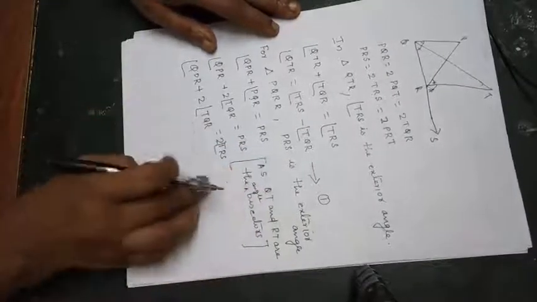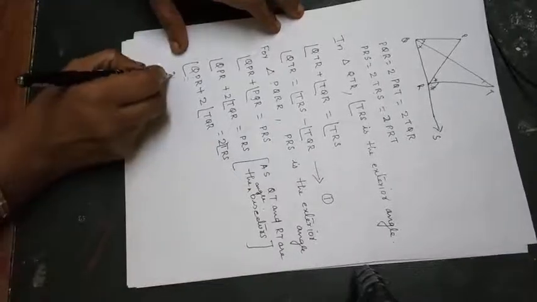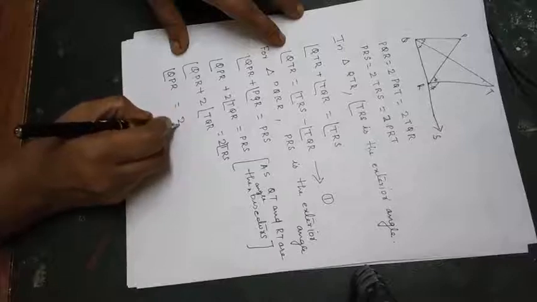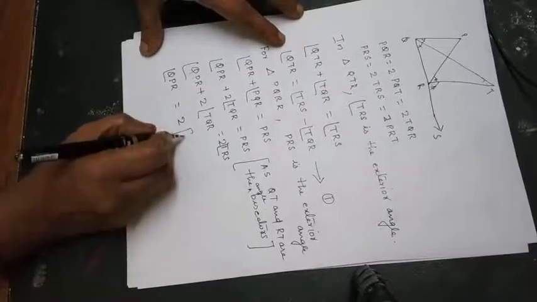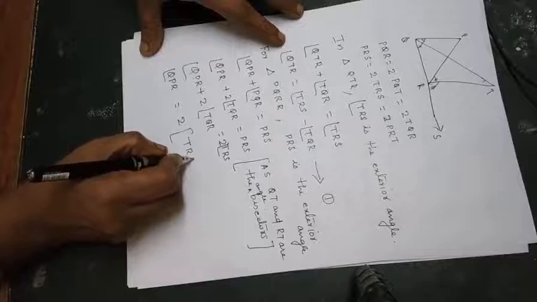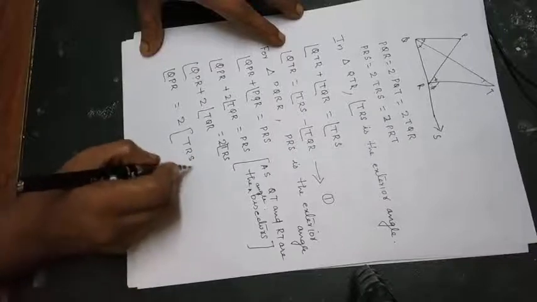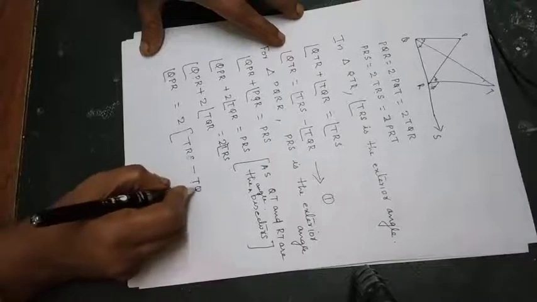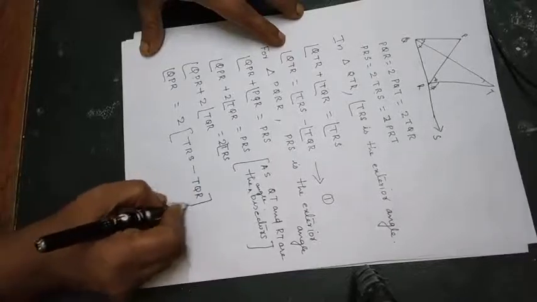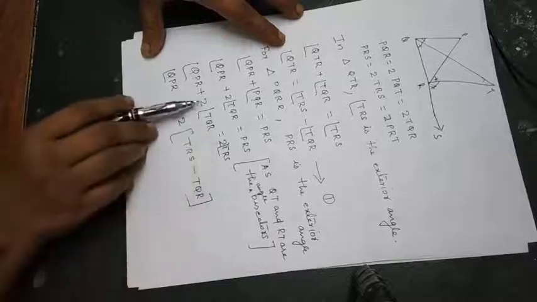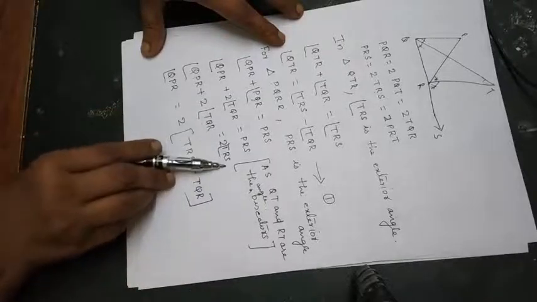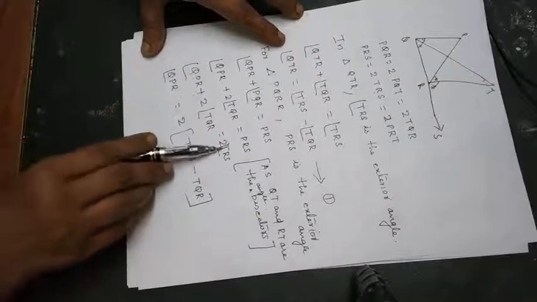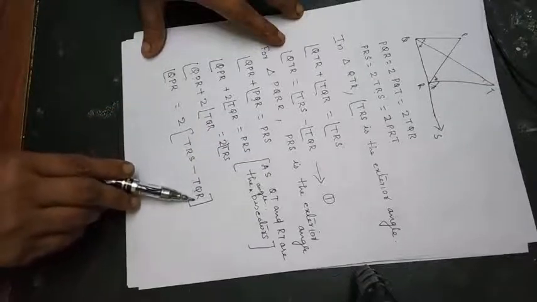Now take this to this side, so you will get QPR is equal to 2, which is common there, times TRS minus TQR. So when you take 2 TQR to this side, 2 is common, you can take 2 outside, TRS minus TQR.